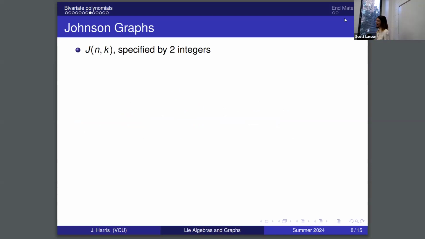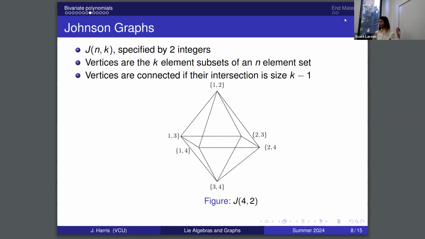But why exactly does this happen? First, what even is a Johnson graph, because it's not something I'm sure that everybody knows. A Johnson graph is specified by 2 integers, n and k, and the vertices are k element subsets of an n element set.